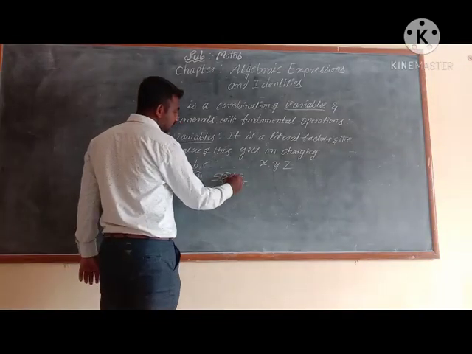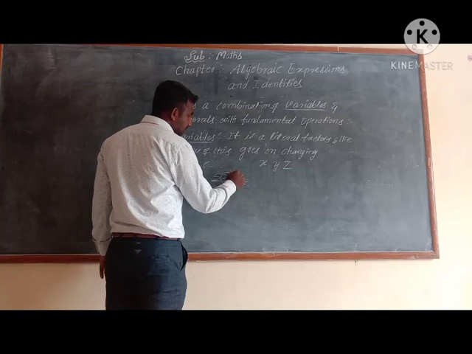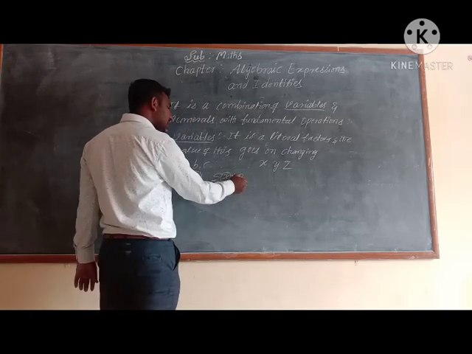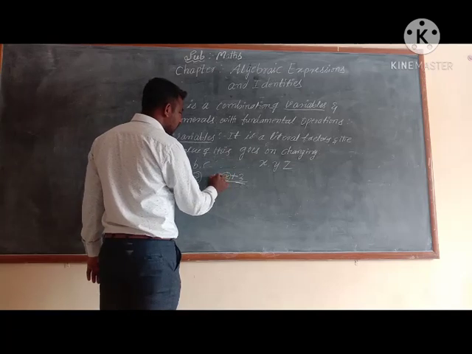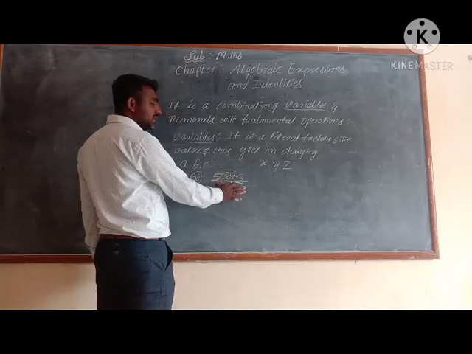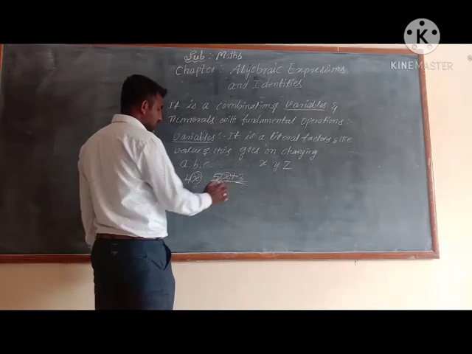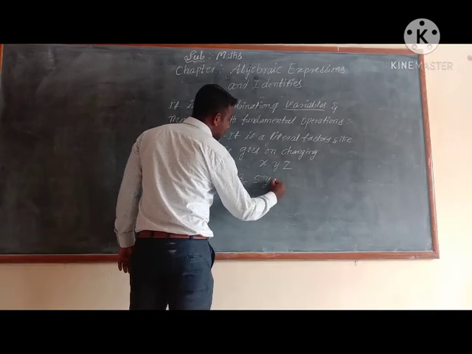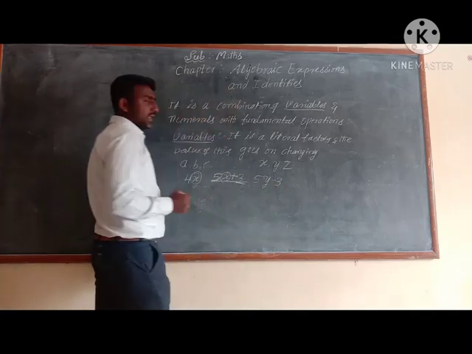In this case, plus we can sum 5x plus 3. 3 is added to 5x. This is the expression. Another example is 5y minus 3.